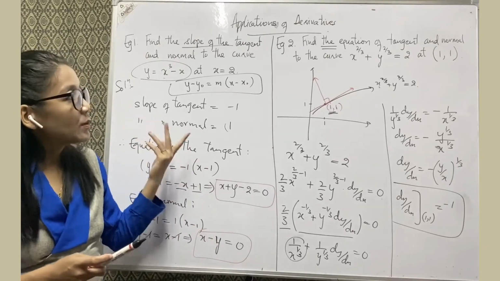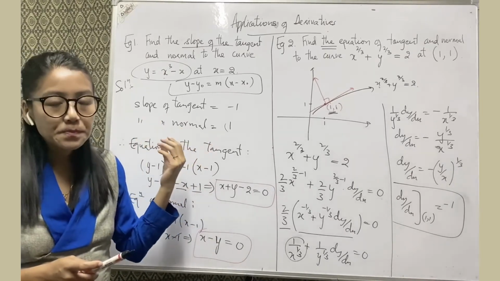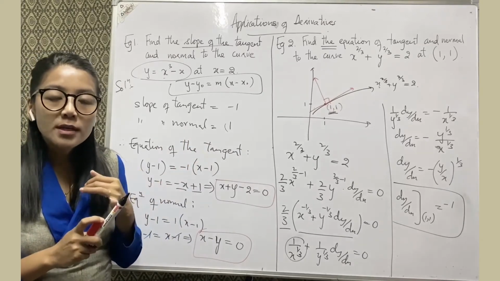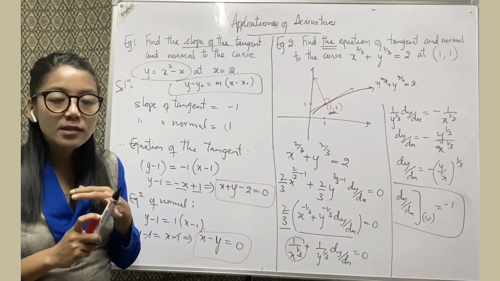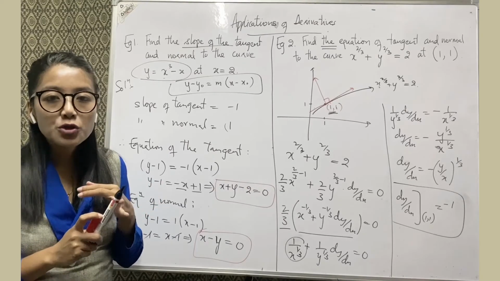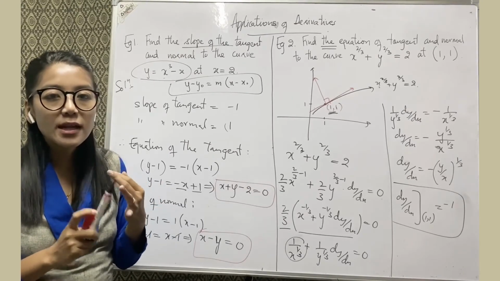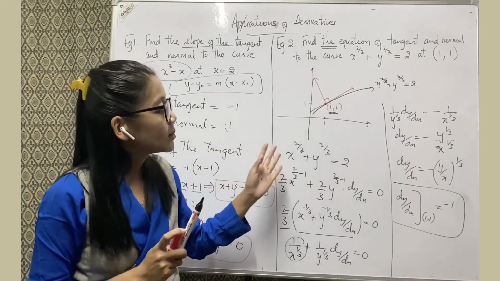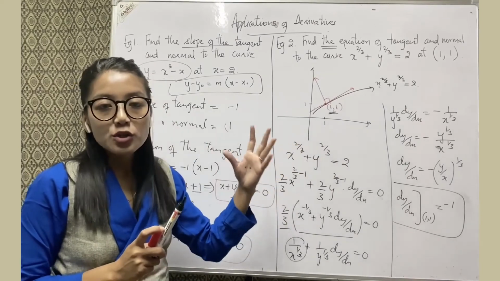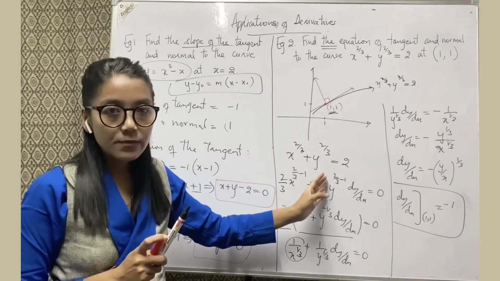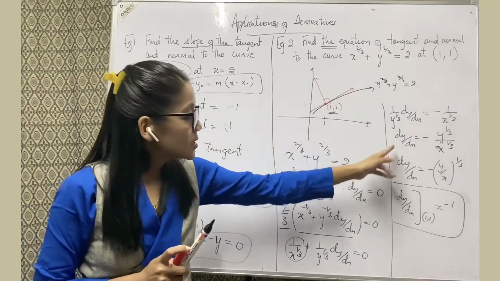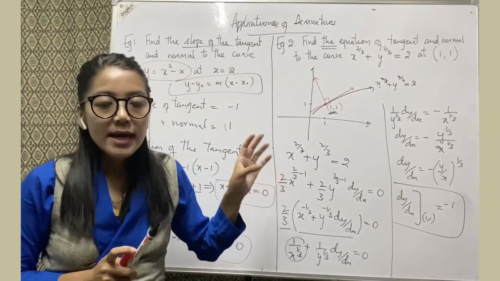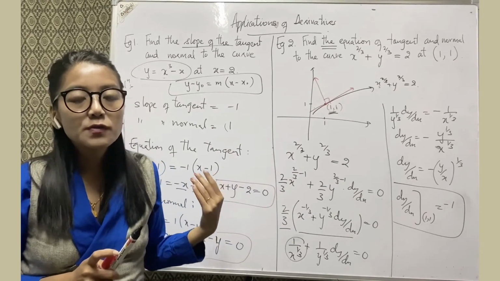Now in examples 1 and 2 we took two types of questions. Number 1, finding the slope of the tangent and normal, and second, finding the equation of the tangent and normal. So whenever you see a question on finding the equation of the tangent and normal, this is how you are going to do it. First of all you find the derivative, put in that point, and you will get the slope of the tangent at that point, and then you can easily find the equation of the tangent.